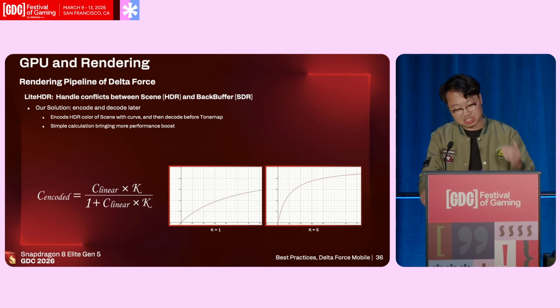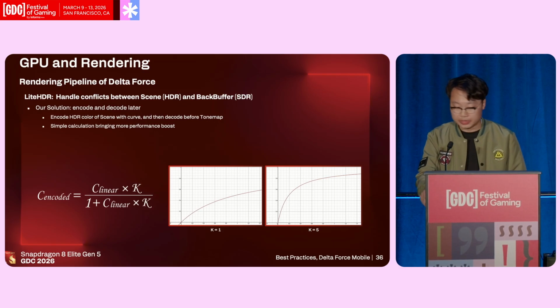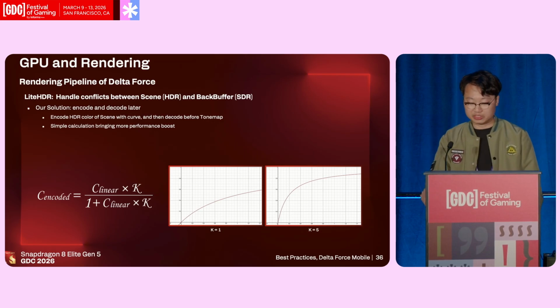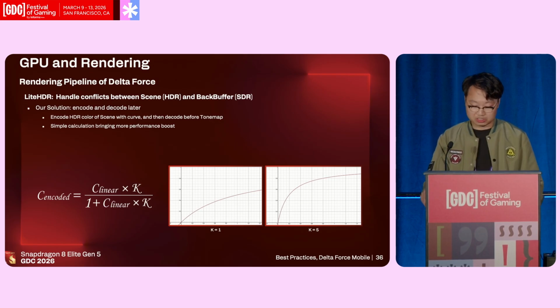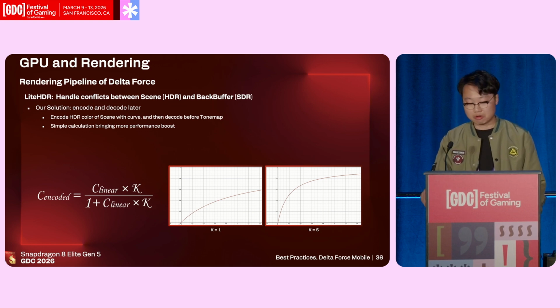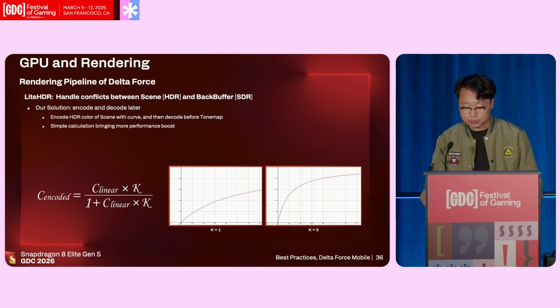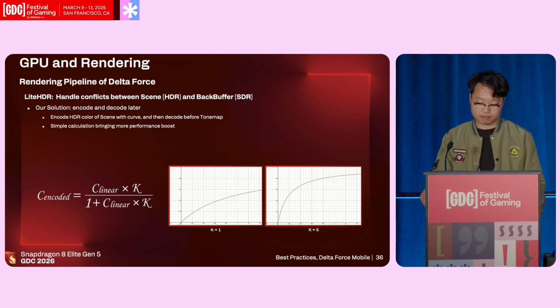The curve gets steeper when K is big, just like in the right picture when K is 5. The same 9.0 specular now maps to 0.97, and a 4.0 is already at, I think, 0.95. The SDR outputs are almost the same.